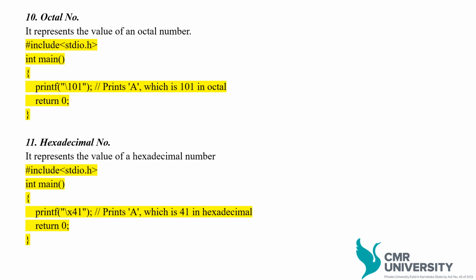If we want to represent a value as an octal number, we use the octal number escape sequence. We use this also in printf statements, with a backslash followed by 101 octal, where octal 101 represents A, so it prints A in the output.